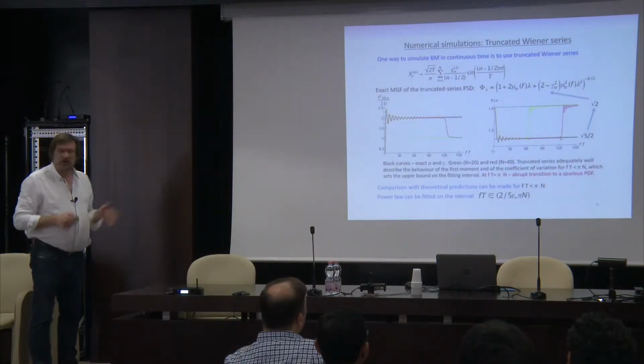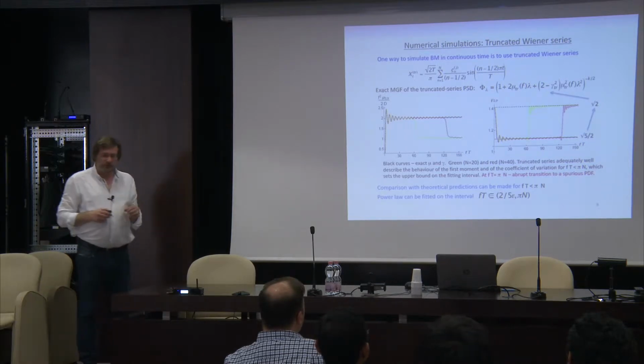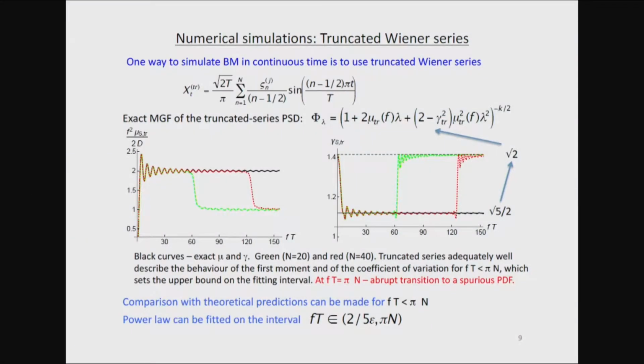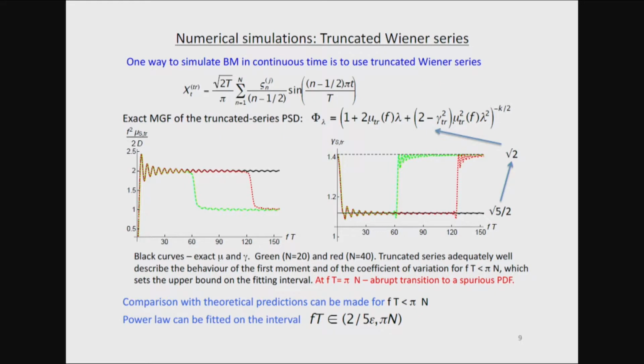Now, about some numerics. There are several ways to check our predictions and to do numerics. One of them, if you want to draw Brownian motion as a line in continuous time, not Monte Carlo but a continuous time curve, is to use this Wiener representation and truncate it at some n.